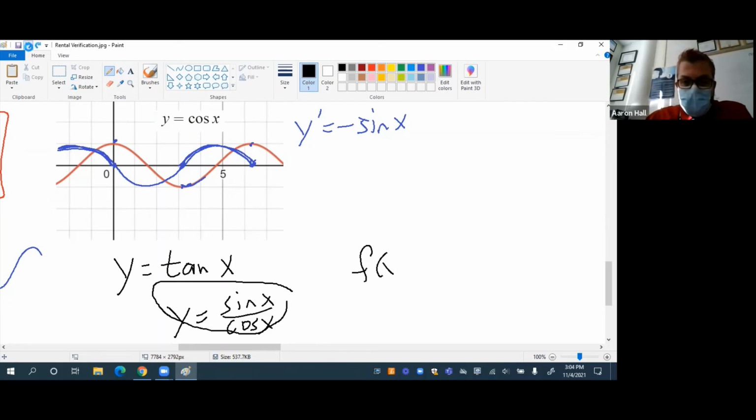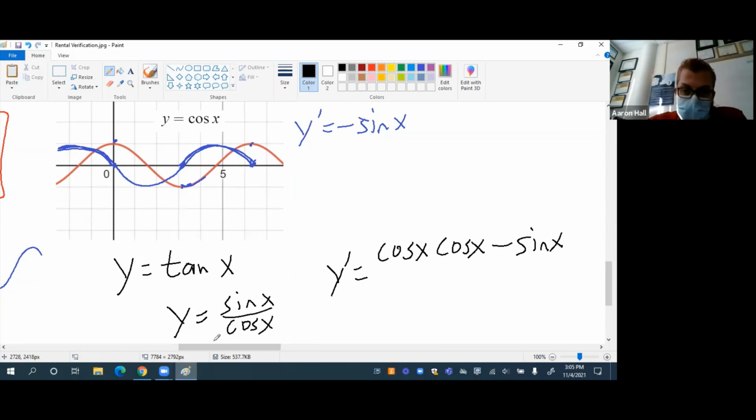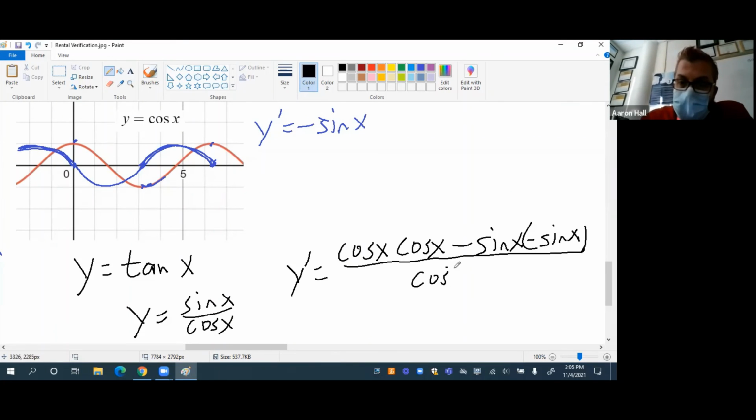Nice. So when we take the derivative of this, we have low d high. The derivative of sine is what? Cosine of x. So low d high minus high d low. What's the derivative of cosine? Yeah, negative sine of x over low, cosine squared of x.